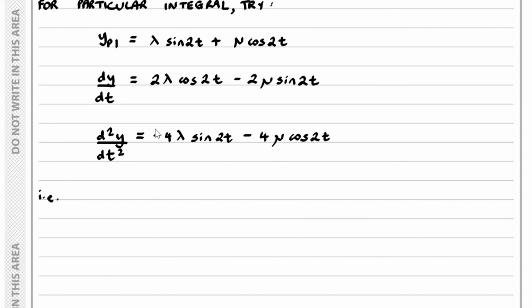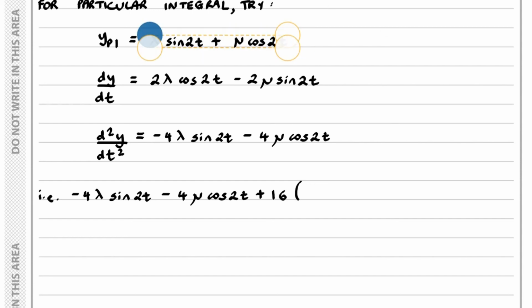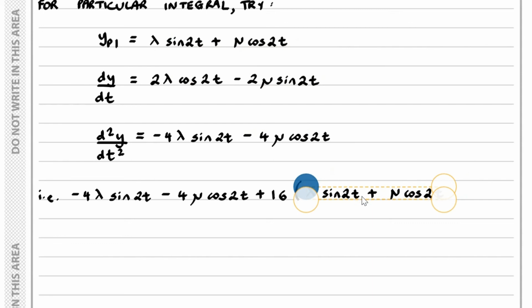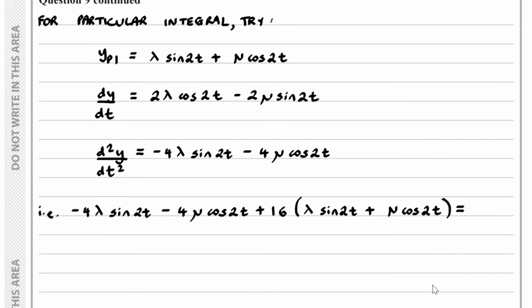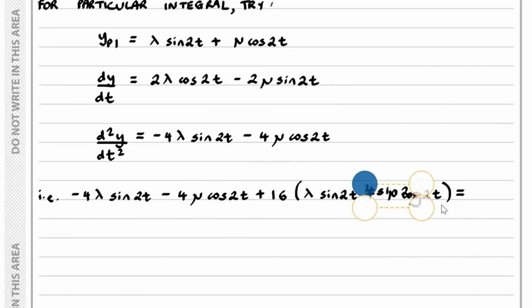So we've got our second derivative, and then we add on 16 lots of our function y, this will equal the 4 sine 2t, as we see here.